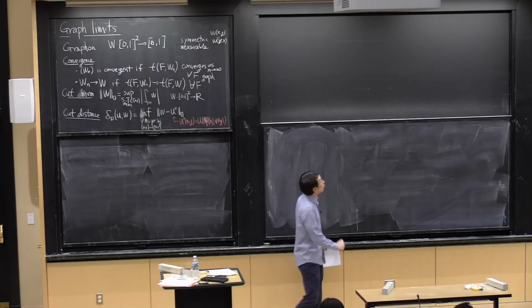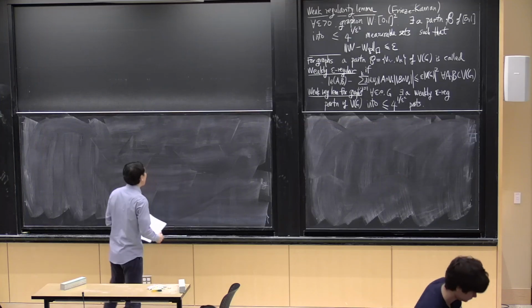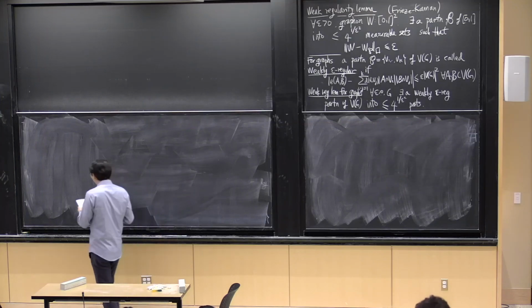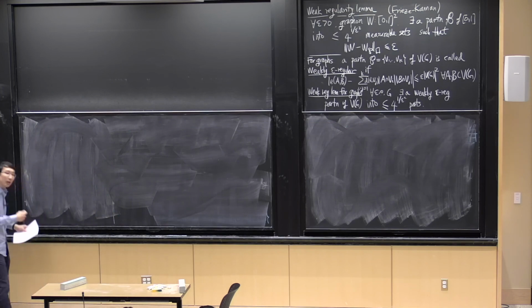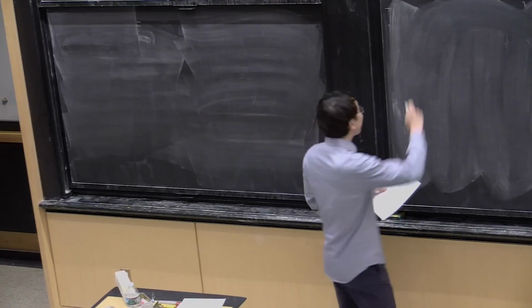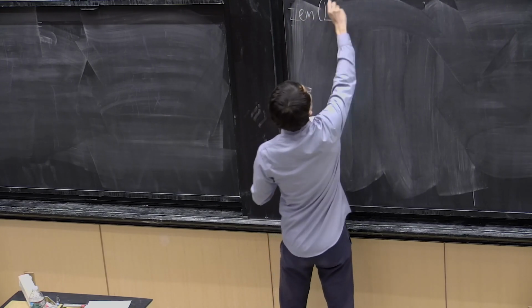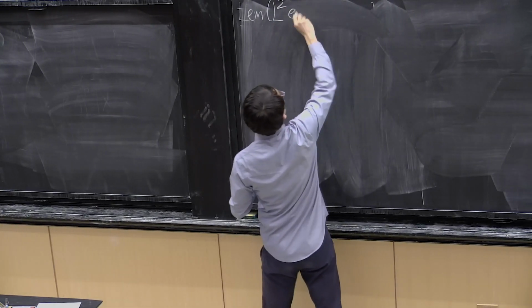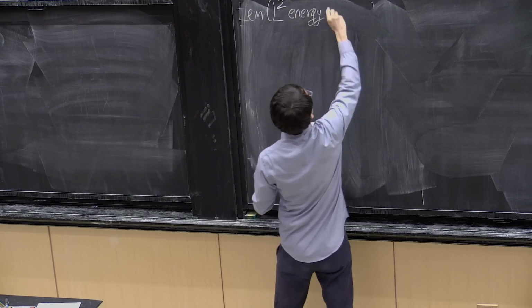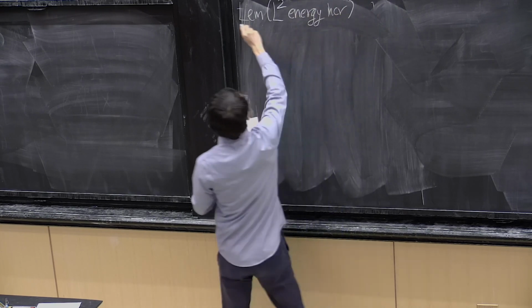All right, so let me start the proof of the weak regularity lemma. The proof is by this energy increment argument. So let's see what this energy increment argument looks like in the language of graphons. Energy now means L2 norm, so L2 energy increment.